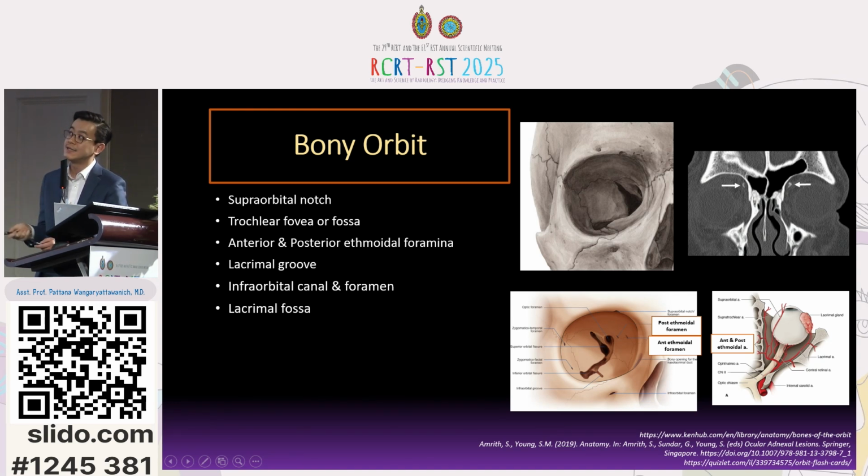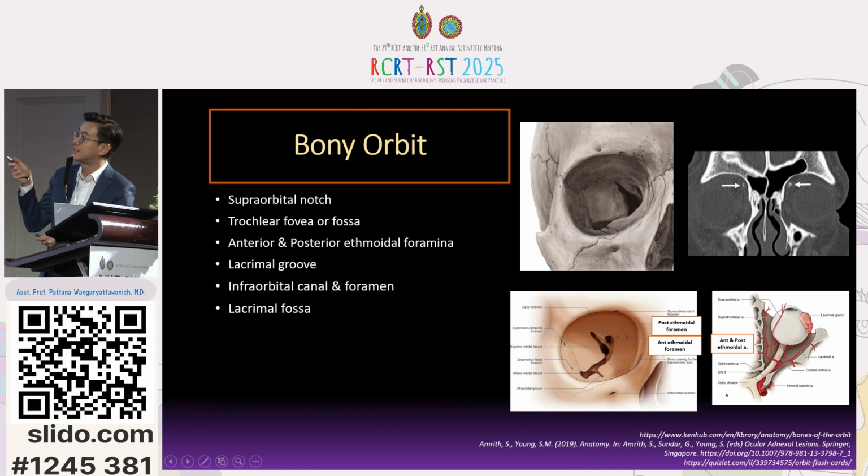And then we move inward along the superomedial aspect of the orbit. That is the location of the trochlear fovea or trochlear fossa. The trochlea is the fibrocartilaginous ring that hooks the tendon of the superior oblique muscle, and it is located right there.